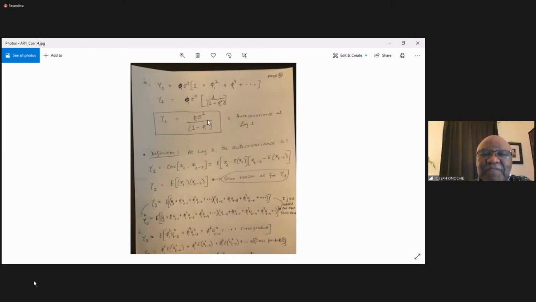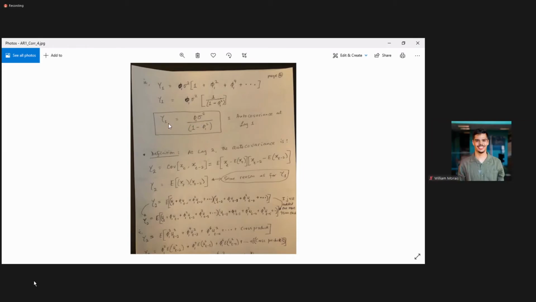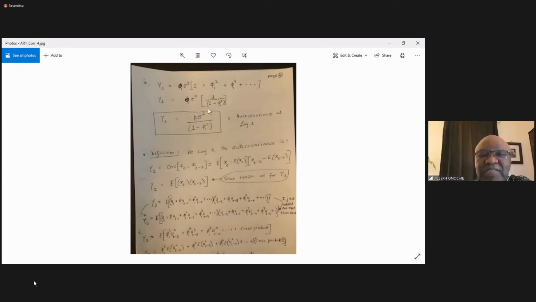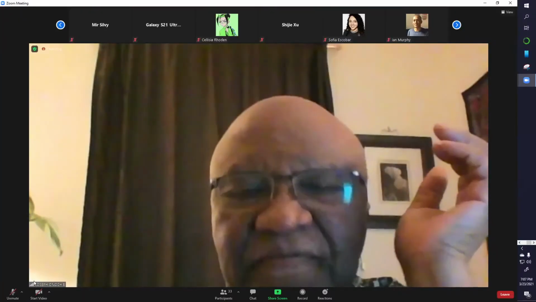But in this case, at lag 1, we introduce the phi 1. So this is almost the same as the variance, except that the difference is this term here, the phi 1. Just look at the bottom of page 2 from last Thursday if you still have it available to you. If you don't, I have it.